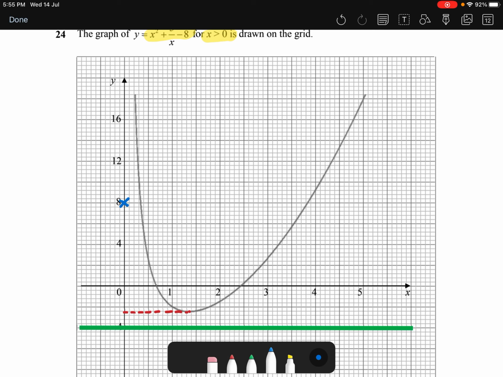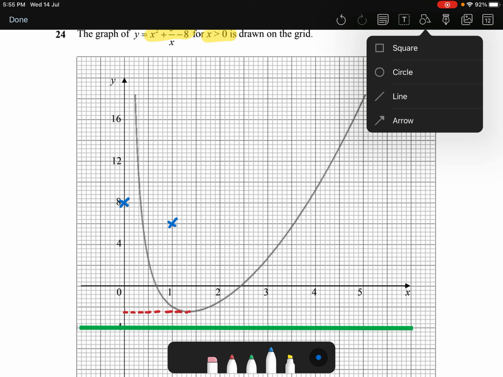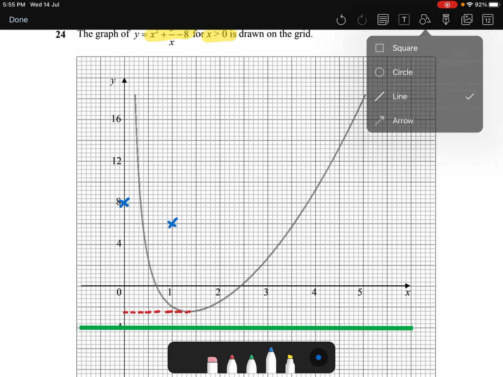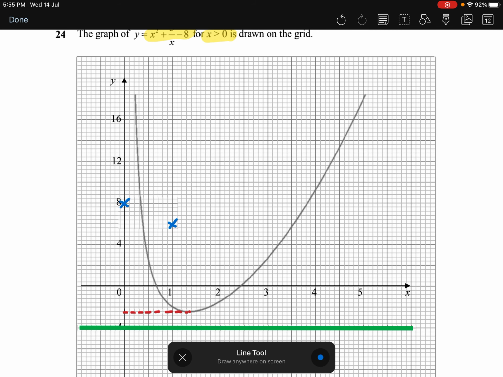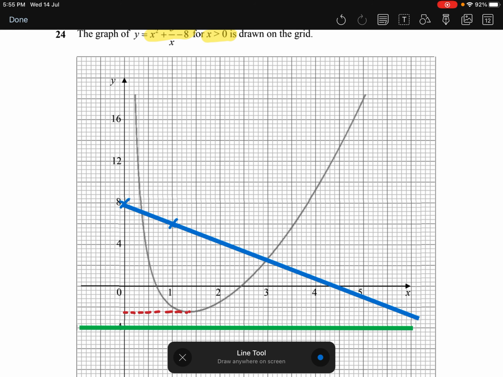So in this case, I have my 2 points. I use a ruler to connect the dots, and of course you try to extend it all the way. So this is what I mean by extending your straight line graph.